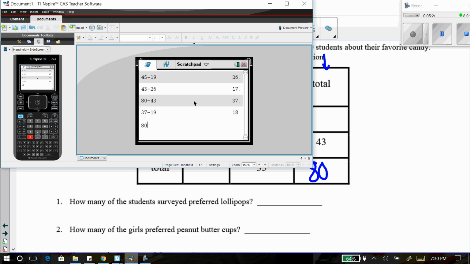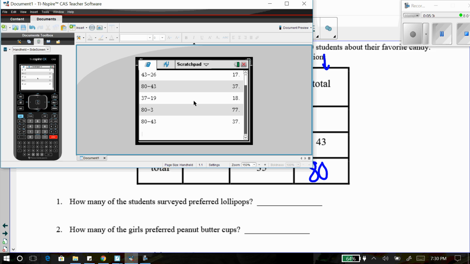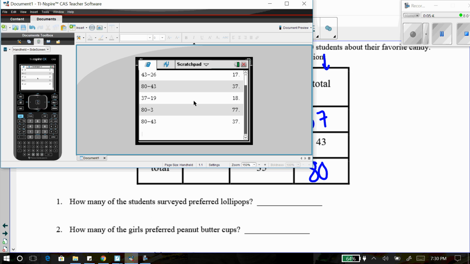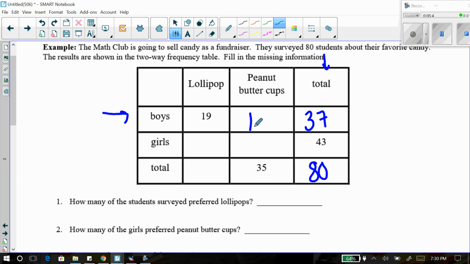If you don't know, 80 minus 43 would be 37. Now we know this row should add to 37, right? It says the total was 37. So 37 minus 19 gives me 18.